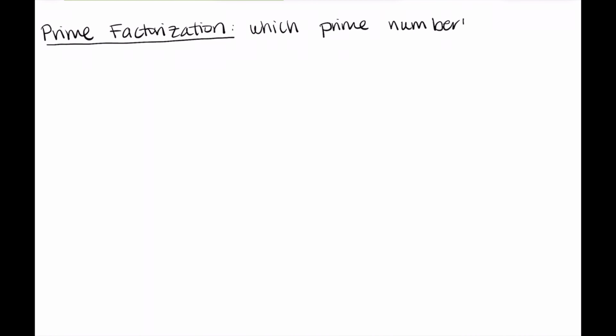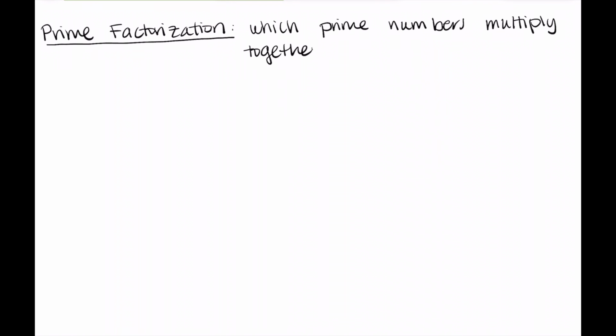So to start off, it would be useful to define prime factorization, right? What are we even doing our lesson on today? Prime factorization is a process we're going to go through using our factor trees, and it's going to help us determine which prime numbers multiply together to make the original number that we're given.